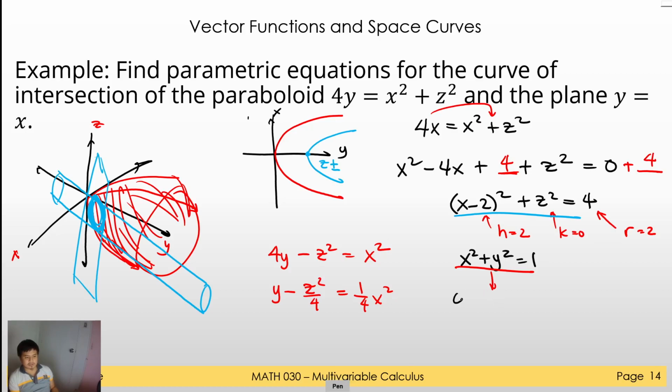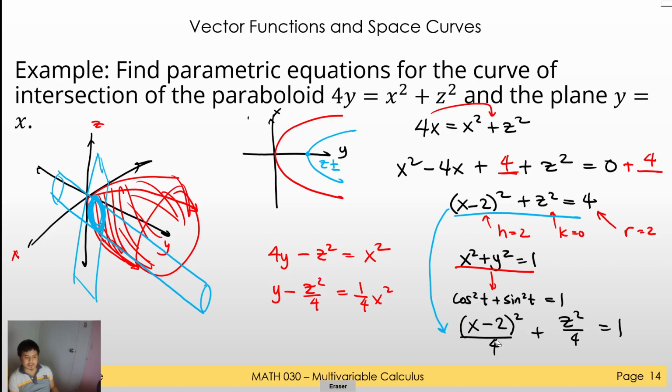This should be cosine squared t plus sine squared t is equal to 1. So if this is the form, then we can equate this into this form as well. So we can rewrite this, when dividing this by 4, as x minus 2 squared over 4 plus z squared over 4 is equal to 1.